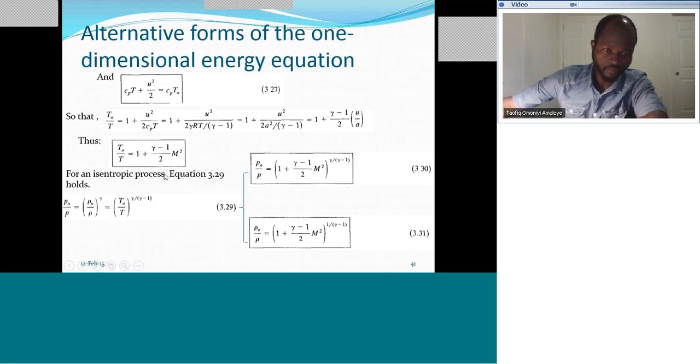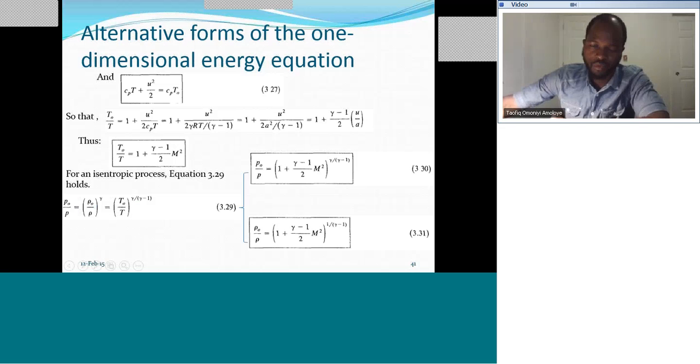But we can recall the isentropic relations, equation 3.29 from the last class. Since we have an expression for the ratio of the stagnation state to the real state for the temperature, we can directly use this relation between the pressure ratio, density ratio, and temperature ratio to get the density ratio and then the pressure ratio. We just put this in for T naught over T inside this equation, and that's how you get equations 3.30 and 3.31.